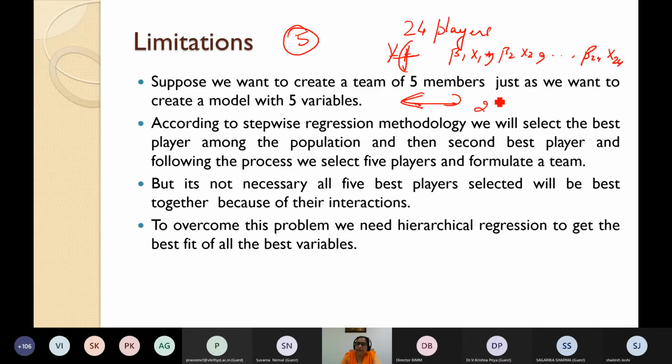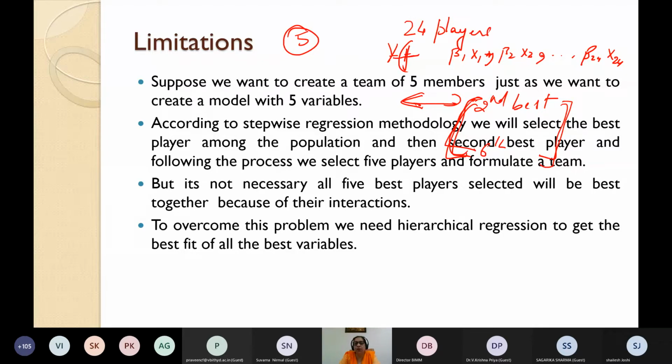There might be a second best player and a sixth best player, but the interrelationship between these two is so good, the way these two interact on the court, that they should be kept in the team. It is not necessary that all 5 players selected are the best together, because their interaction is not considered.